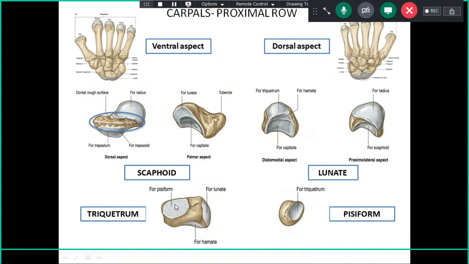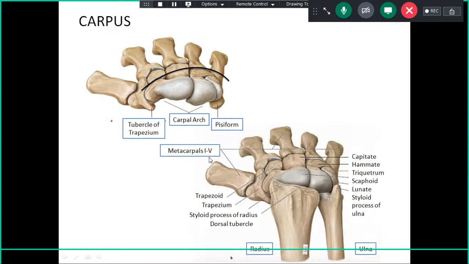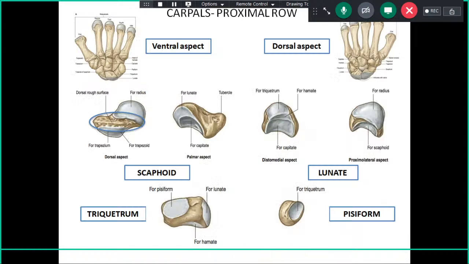You don't have to go into much detail about the individual carpal bones. I just had to highlight the particular features, the pisiform and the hook of the hamate.